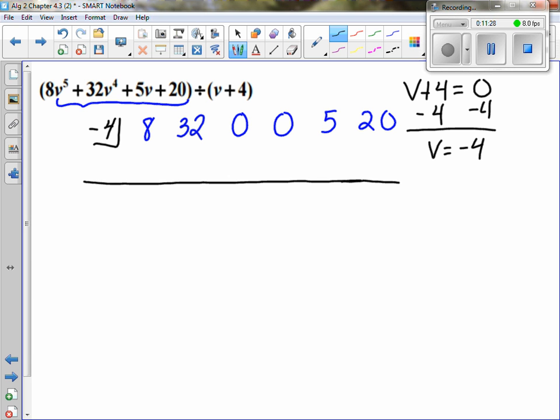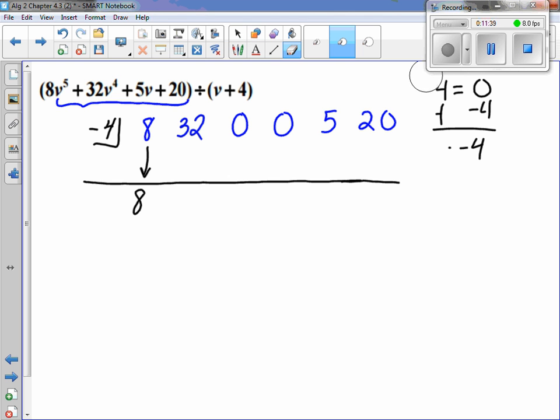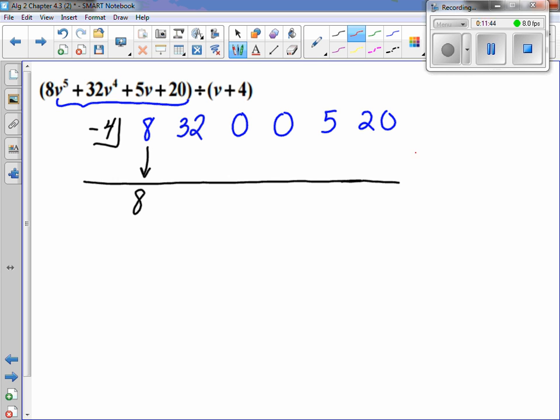What's the next part now that we have everything in place? We drop the 8. What's next? We would do -4 times 8. This would be -32. We put it underneath the 32. And then we would add it, and we would get 0. Okay, no one grab a calculator, so see here.